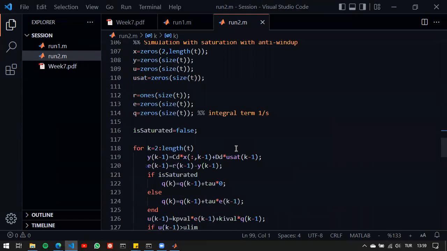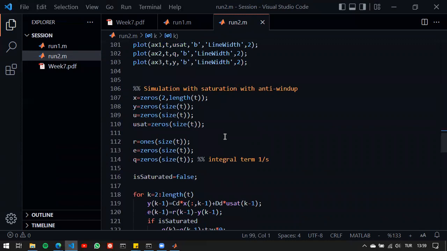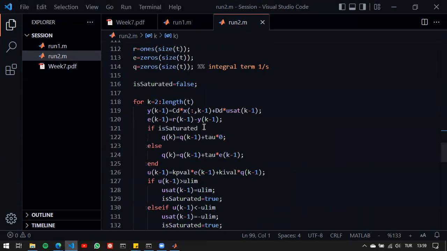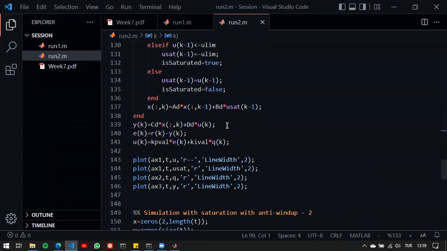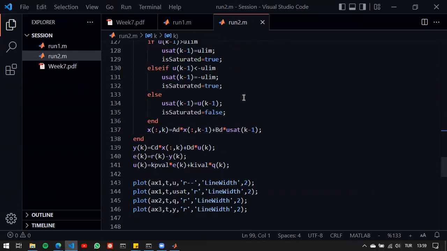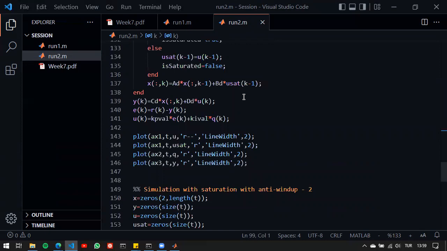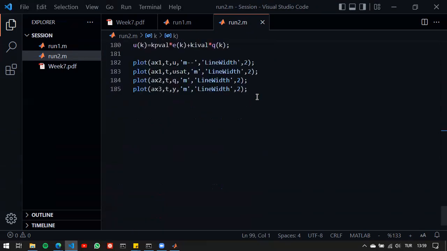Then we've seen that there are two basic anti-windup strategies. One of them is to switch off the integrator during saturation. The other one is to compensate for the fact that we are applying a different control signal than we've calculated. So take this difference, give it to the integrator, and hope that you will solve it using that.